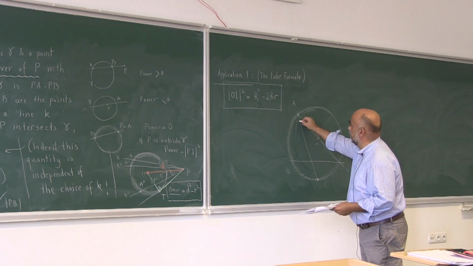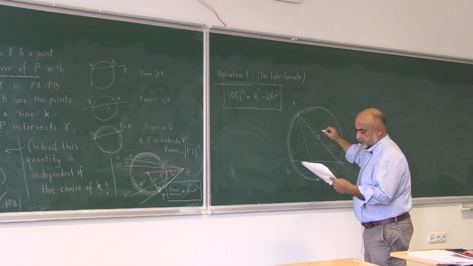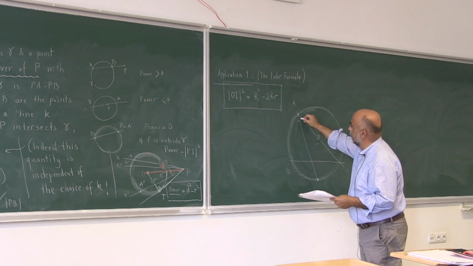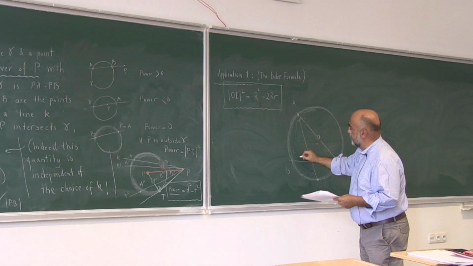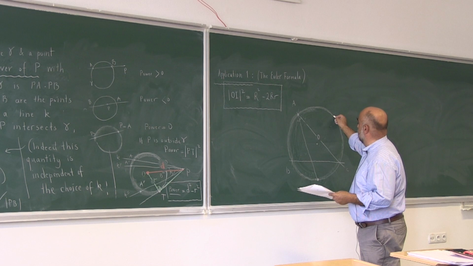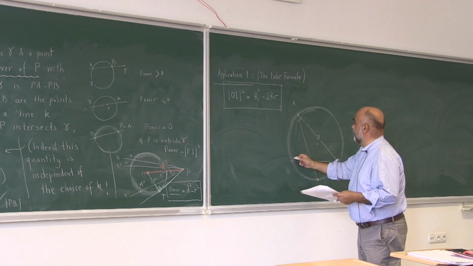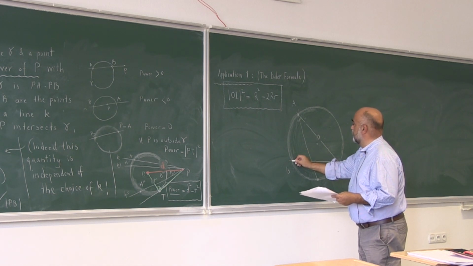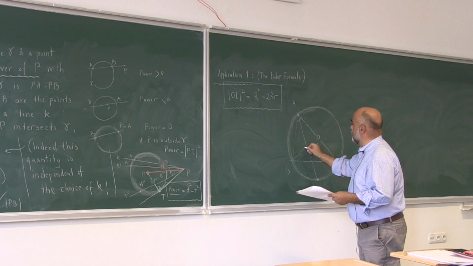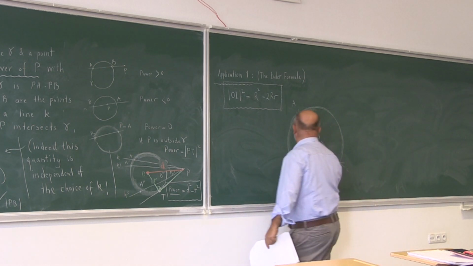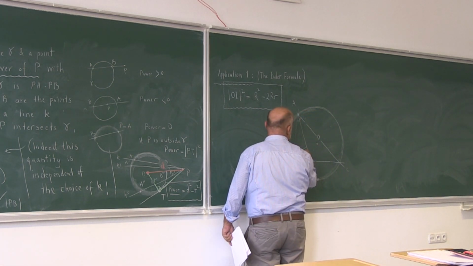So these two angles are equal. You can also do something similar with B, and that will get you more or less this. Okay, so this is your point I.